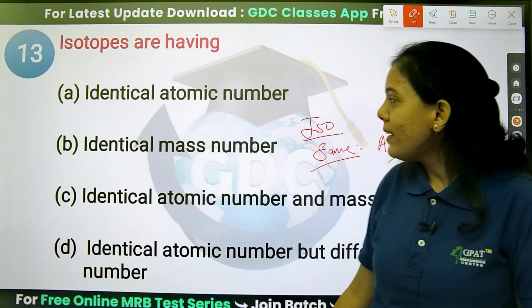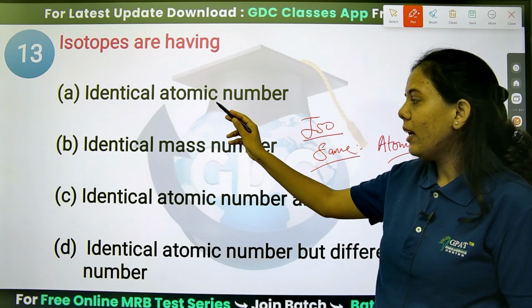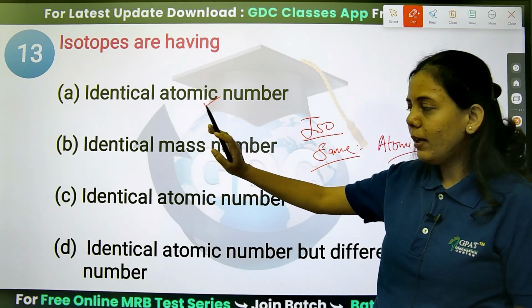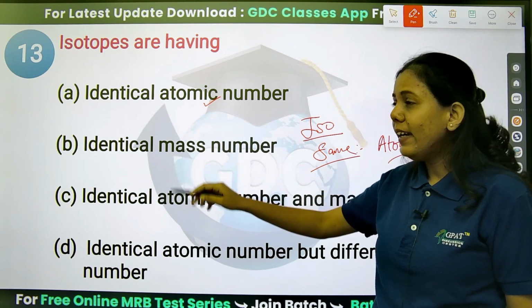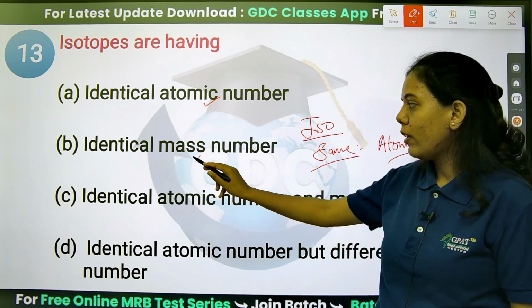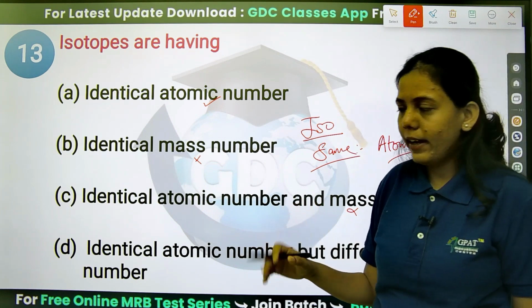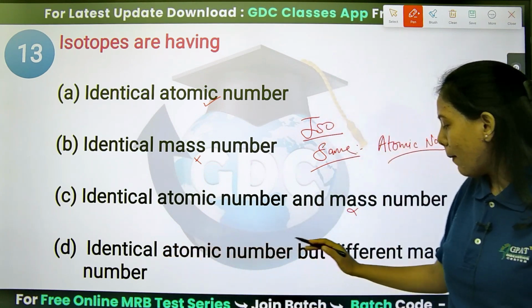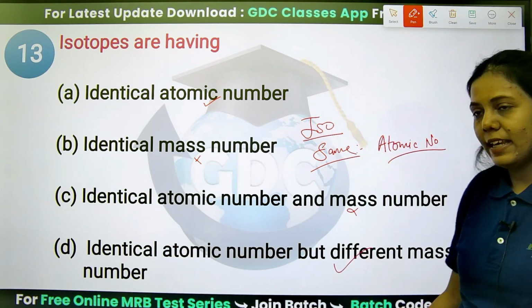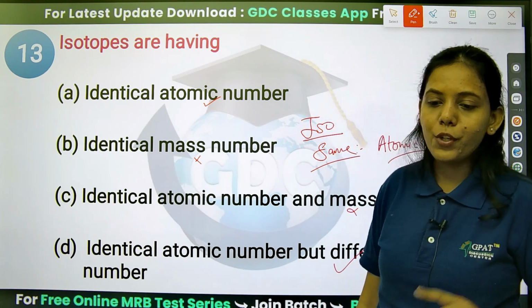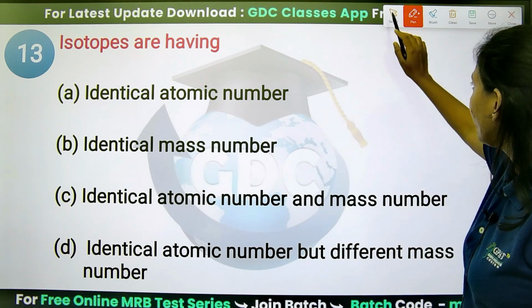So let's see the options. Identical atomic number, this is partially correct, but we'll see the other options. Identical mass number, it is not that. Identical atomic number and mass number, both are not identical. Identical atomic number but different mass number, yes. So option D is the right answer.